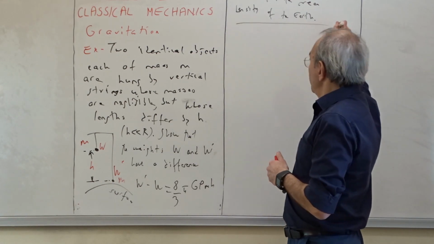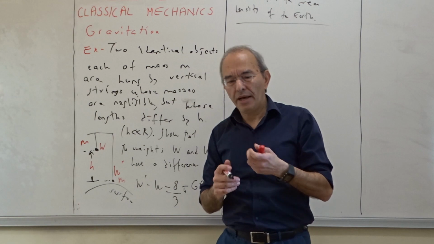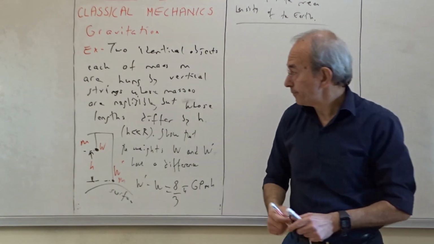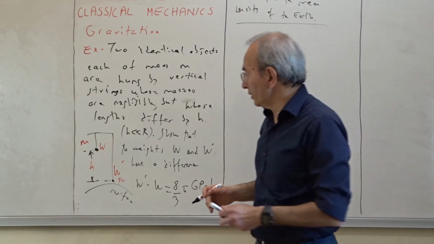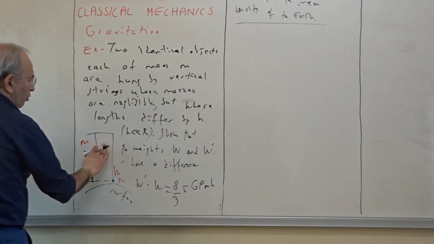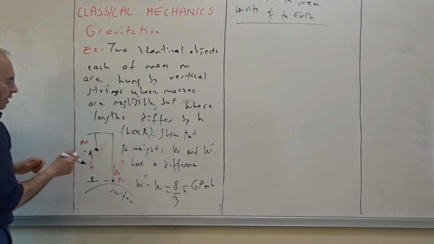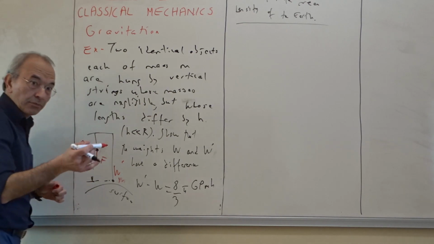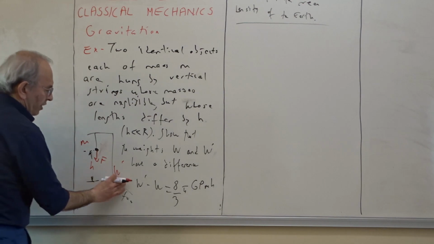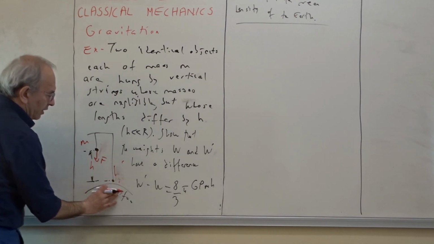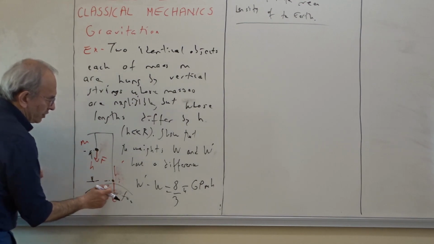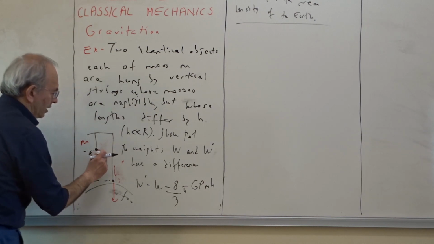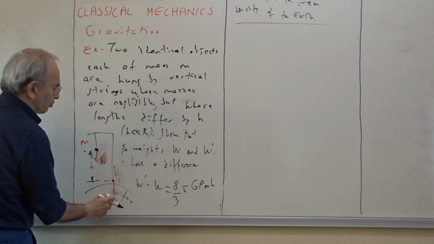Now we consider the effects of pulling by gravity. The forces. So on this object, of course, there's a certain force, let me call it W. And on the other one, there is a force W prime.